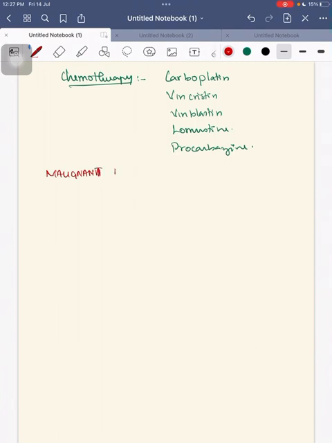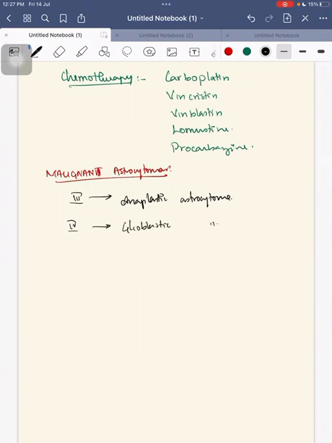The malignant astrocytomas are grade 3, anaplastic astrocytoma, and grade 4, glioblastic astrocytoma.